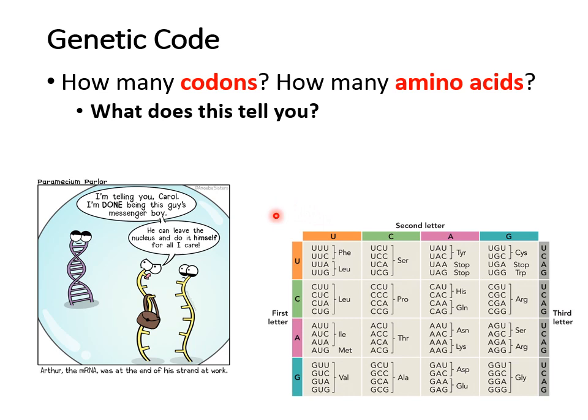The 64 codons have to code for 20 amino acids. So, what that tells you is that it is what we call a degenerate or redundant code, meaning that you'll notice multiple different codons can code for the same amino acid. So, over here you have two different codons coding for phenylalanine.